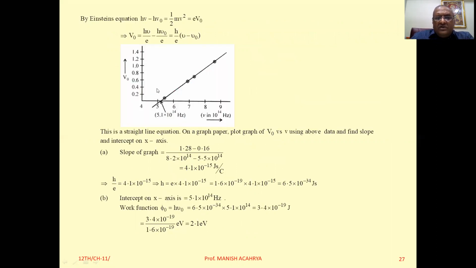Then draw the graph of stopping potential versus frequency, because in Einstein's equation we know this: stopping potential V0 is equal to H by E into nu minus nu 0.